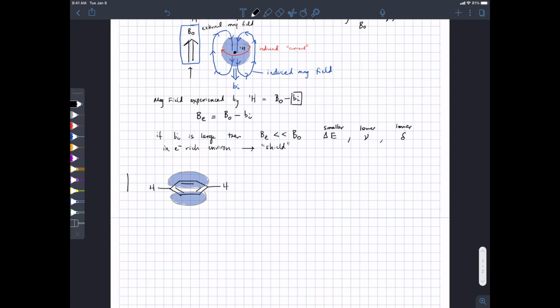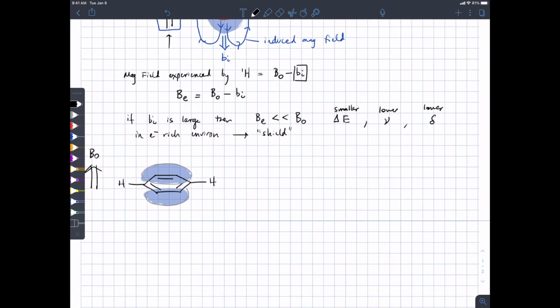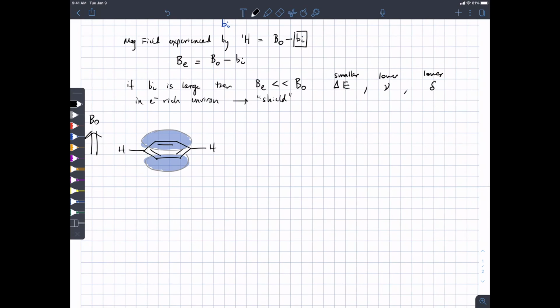If you apply the external magnetic field and then do the same analysis with the right-handed rule and the field lines, what you would show is that the current is circulating in this direction, and therefore the field lines oppose the external magnetic field inside the ring and on the faces of the ring, but actually reinforce the external magnetic field outside the ring.